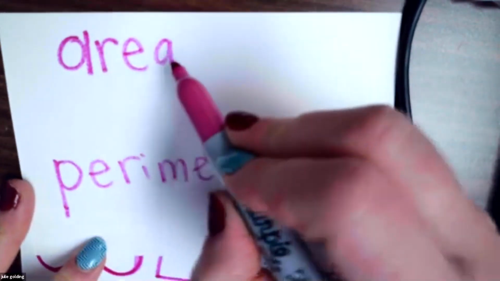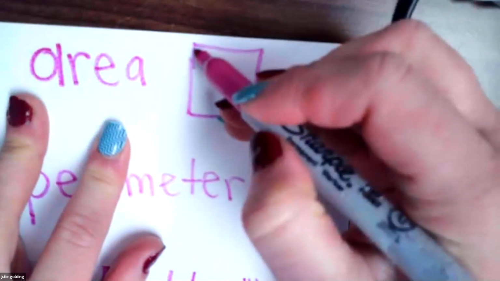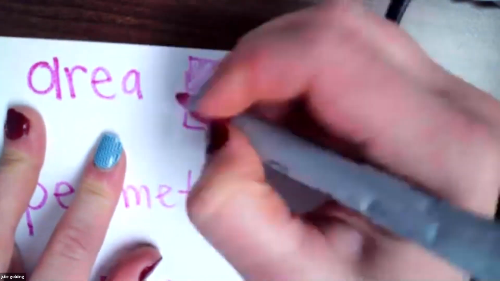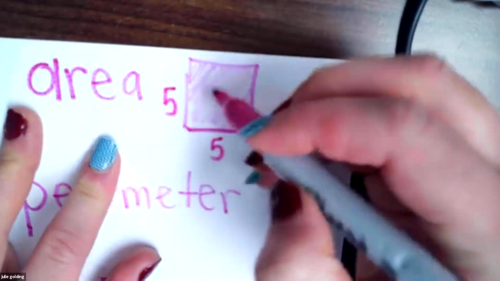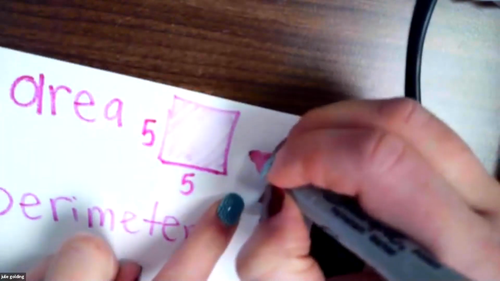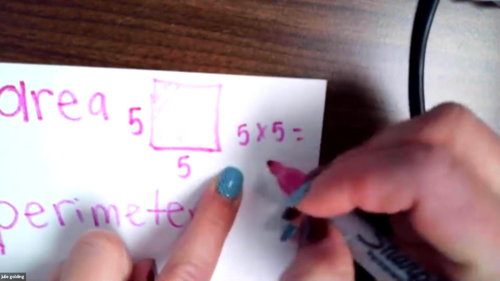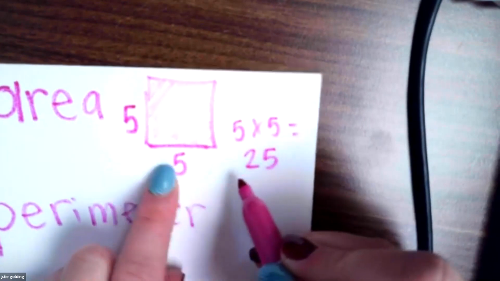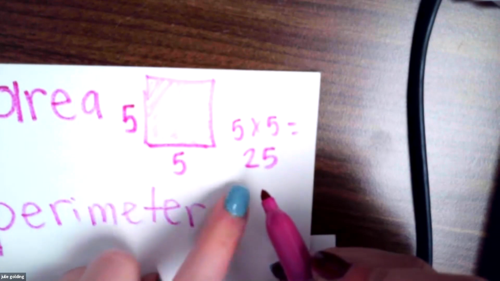The area is finding what this whole space is. So if this is 5 and if this is also 5, we're going to do 5 times 5 to find the area is 25. See, 5 times 5.